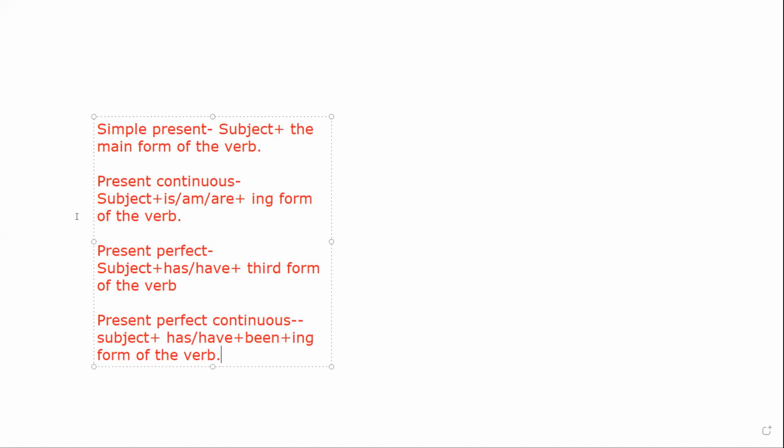Present continuous, subject plus is, am, are plus the ing form of the verb. Present perfect, subject plus has or have plus the third form of the verb. In the present perfect continuous, subject plus has or have plus been plus the ing form of the verb. So these are the four forms. So I'm giving you one example.